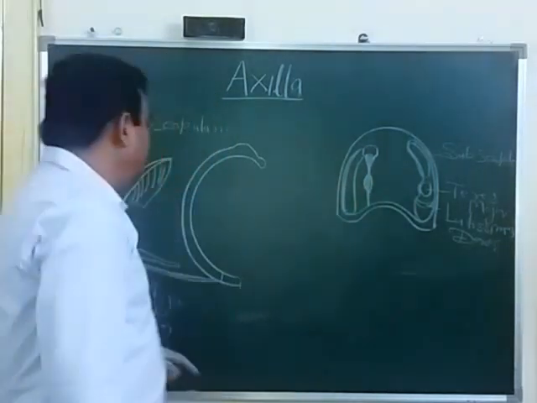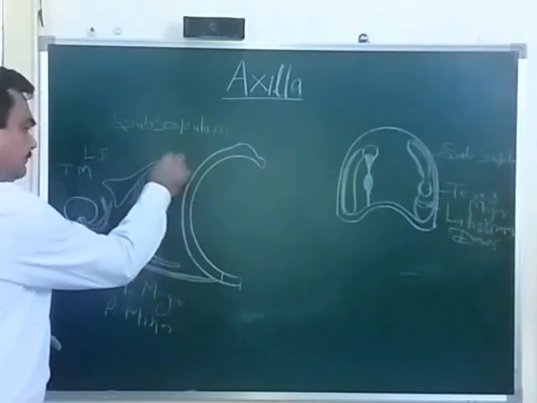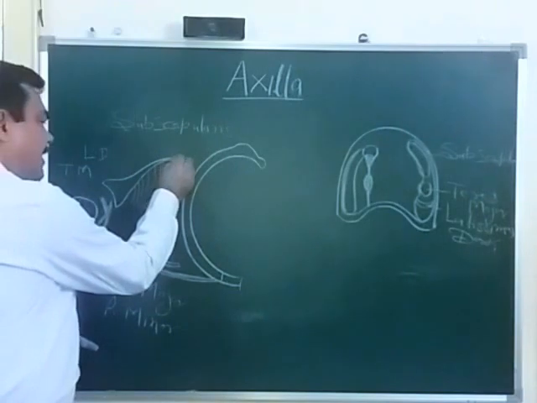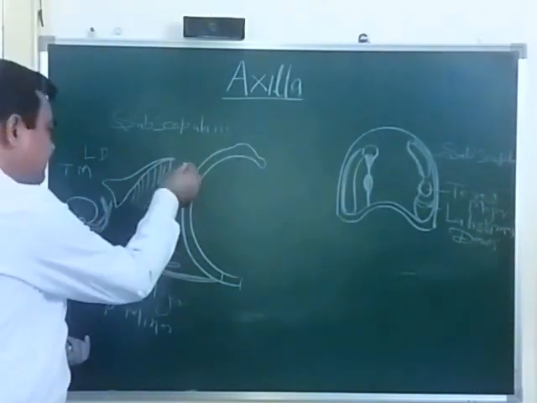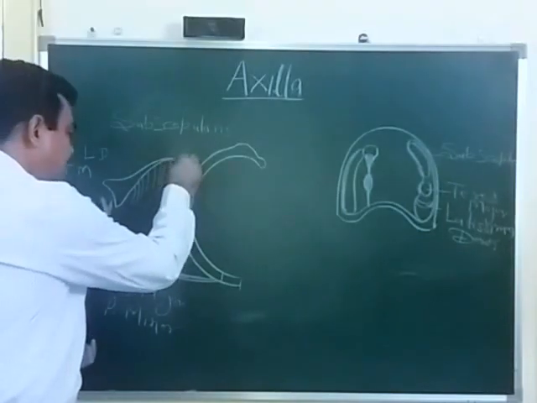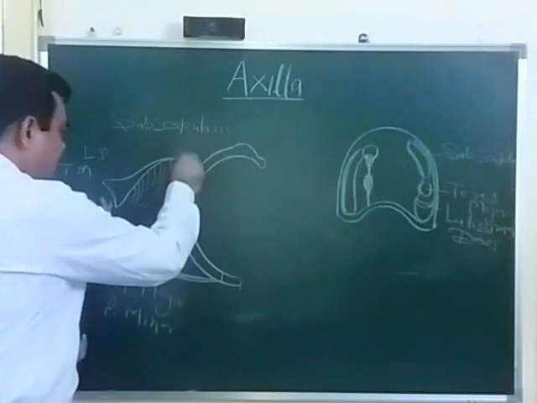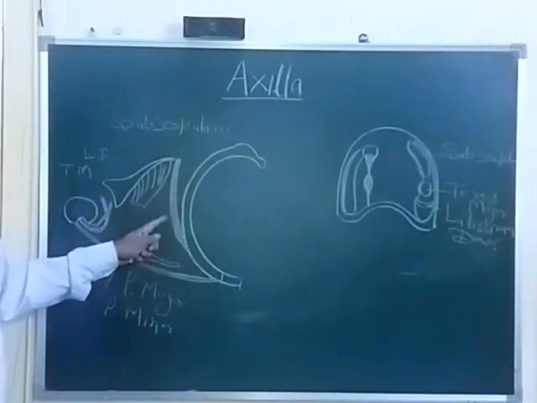This is the posterior boundary, the posterior wall. Here is the medial wall. On the medial side, most of the part is the medial border of the scapula. Here is the attachment of serratus anterior muscle, the upper part of the serratus anterior.